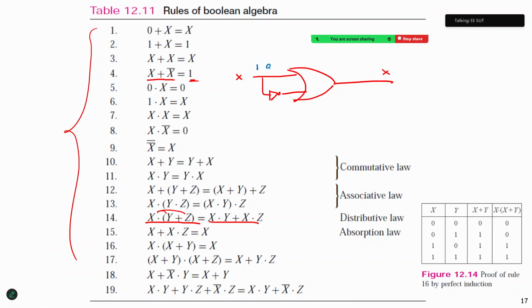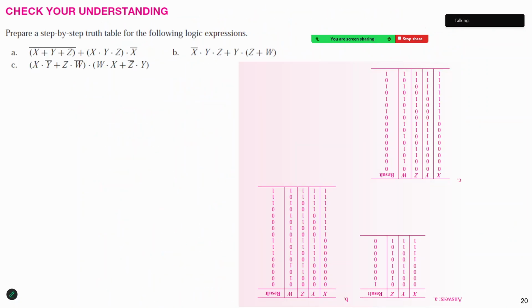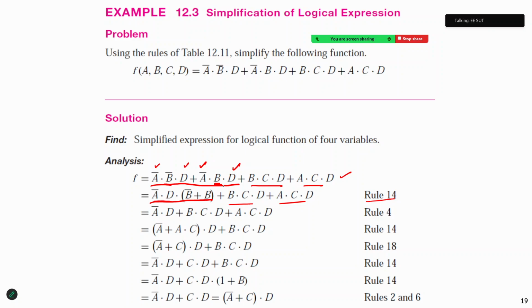If x is 0, its inverse is 1, so the output is 1 again. It's always 1 here, so this output is always 1. And 1 and any signal is just that signal.